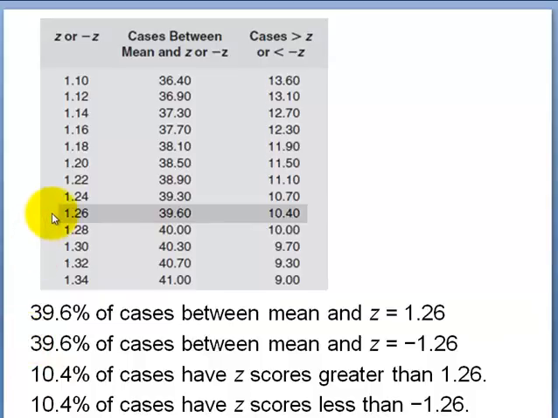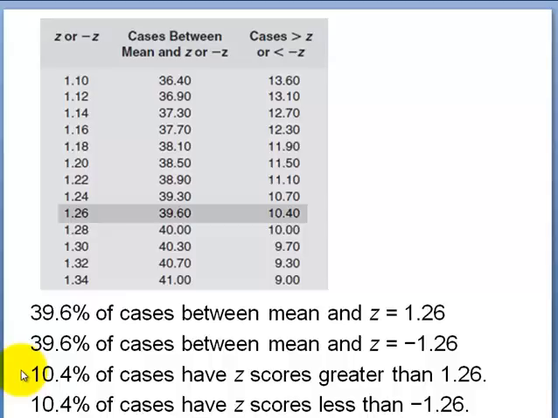And this is just the very same question, but on the negative rather than the positive side of the distribution. So we stick at the very same row, and we have the same response, 39.6.